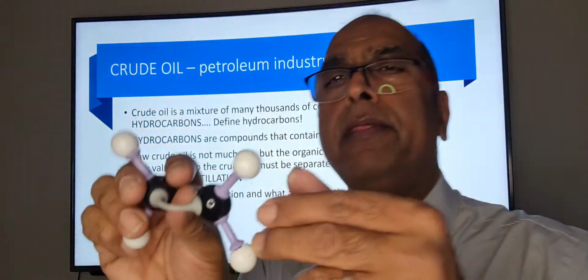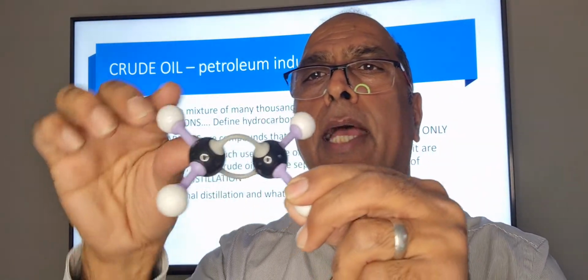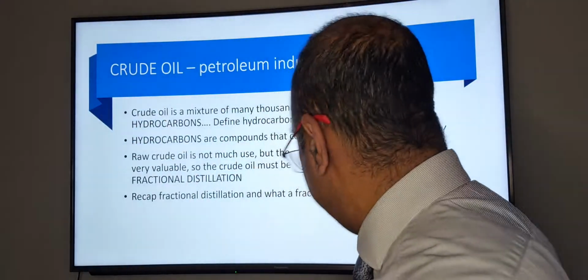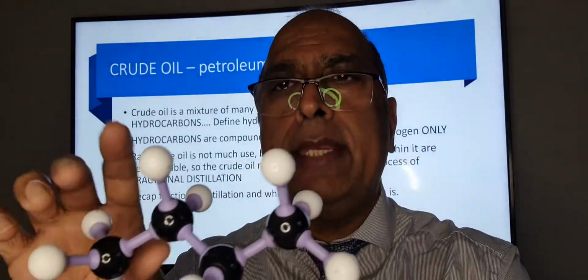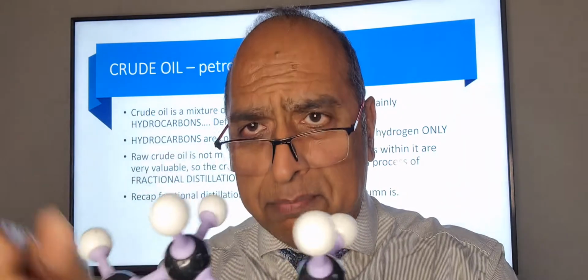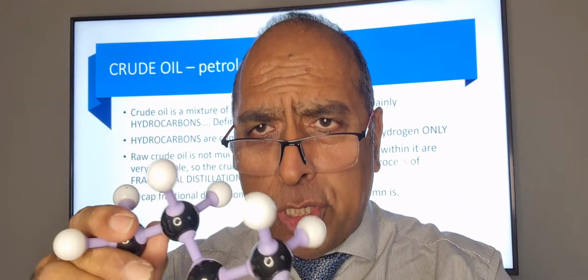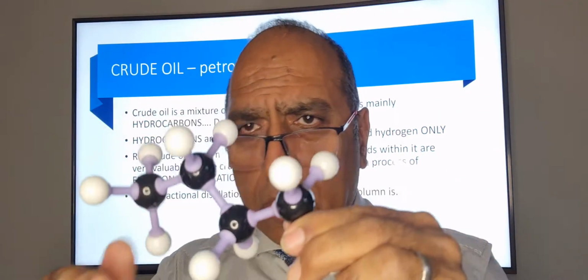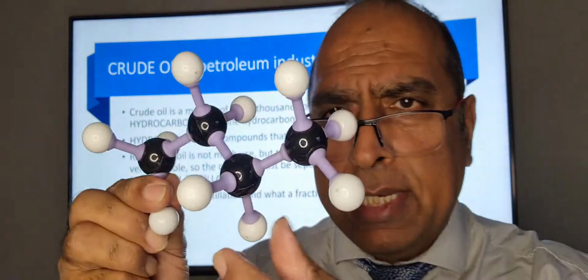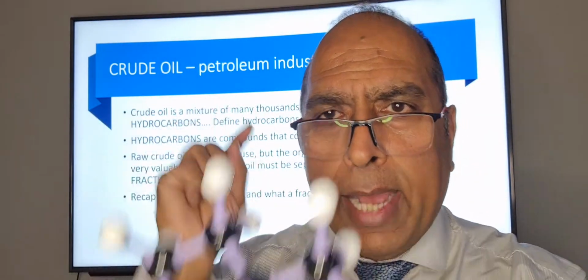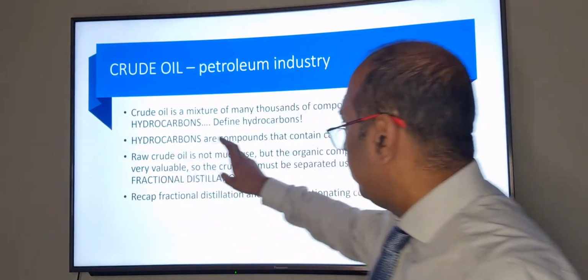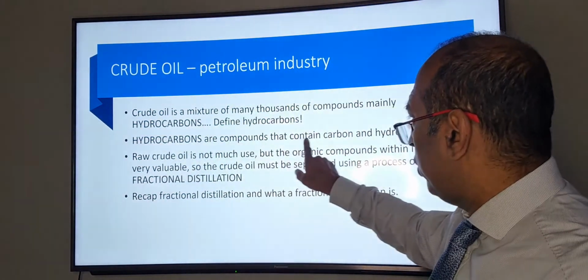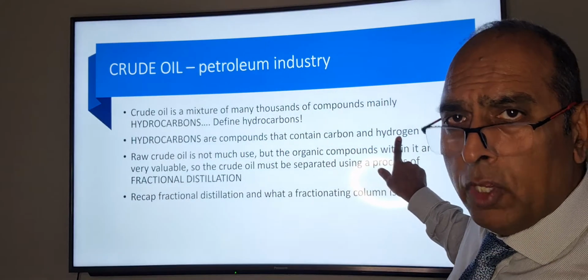But anything, so long as you've got carbons and hydrogens, that's ethene, that's butane. I'll come back to molecules on the next video, but all of these are hydrocarbons. Can you see? They're made of carbon and hydrogen atoms only. So the definition of a hydrocarbon is compounds that contain carbon and hydrogen only.